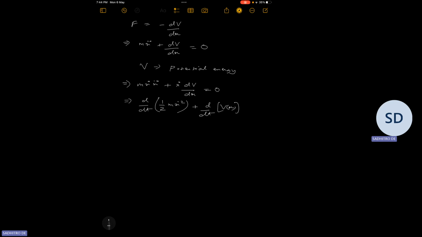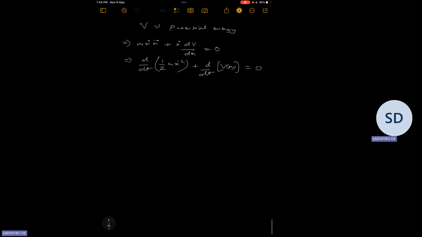So this comes about by chain rule, and if you do that, we get d/dt of half m x dot squared plus V of x equals 0. So you see, you are able to define a quantity which you can refer to as E.